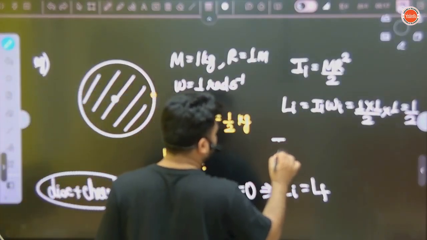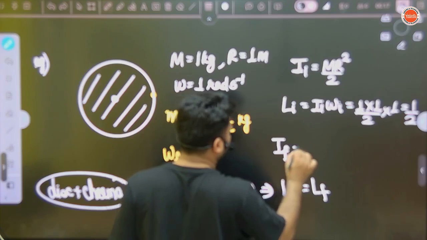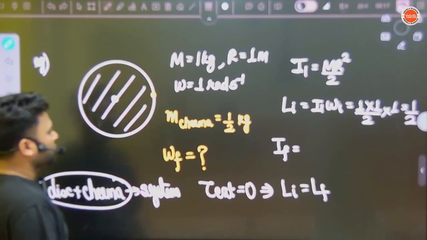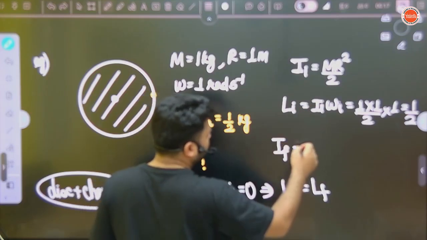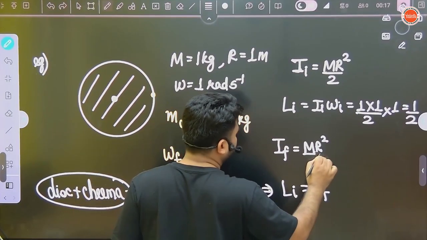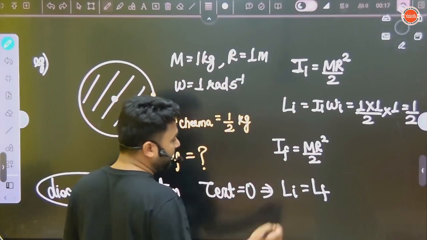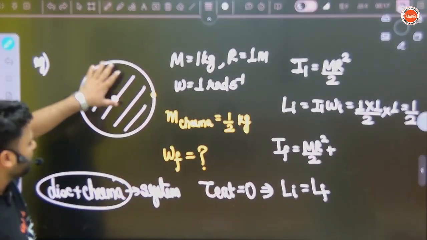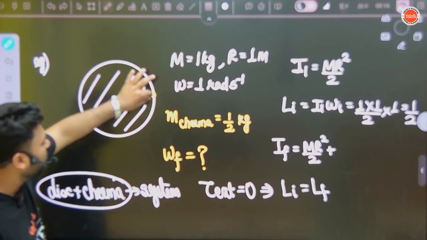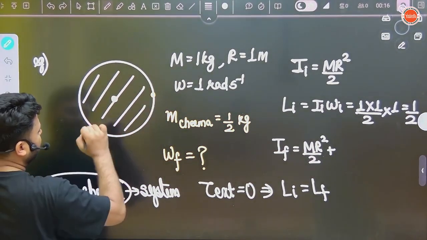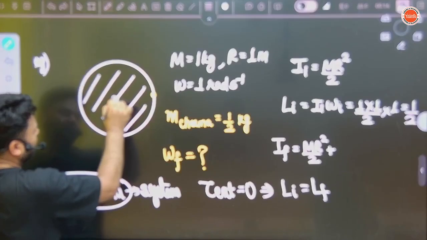Now what is the final moment of inertia? Definitely the moment of inertia of the CD is mr square by 2. Plus now chima is also there. So you have calculated the moment of inertia of the CD. Now you have to calculate the moment of inertia of this chima. Chima is the point object, and this is the center of rotation.